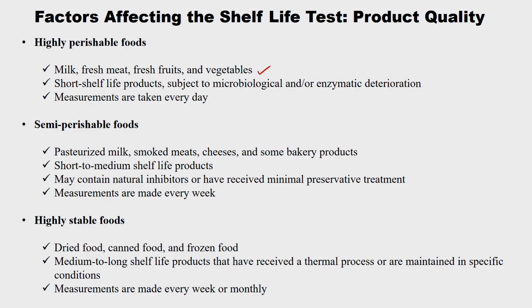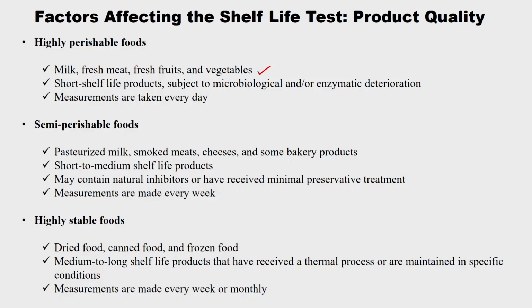So, a maximum of 1 day or 3 days within which it has to be consumed, subject to microbiological and enzymatic deterioration. This we have seen in pasteurization thermal processing itself. So, they cannot be stored in normal ambient conditions, and measurements have to be taken every day to check for shelf life test.